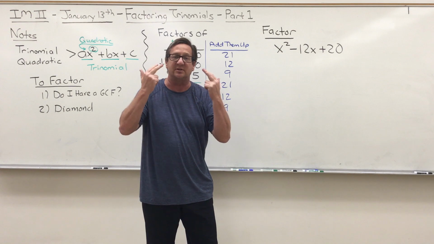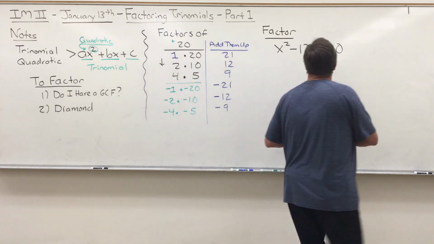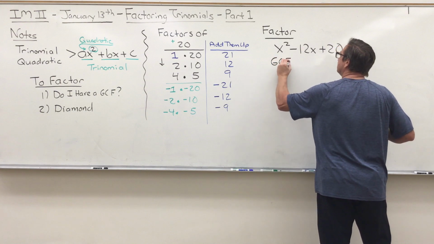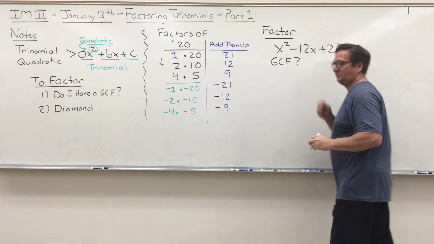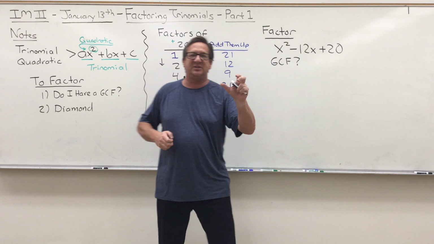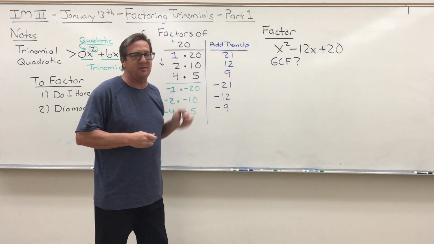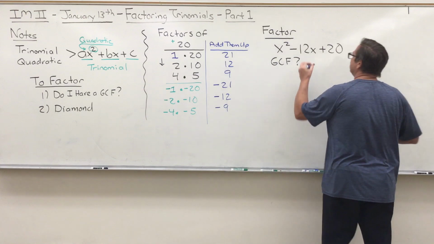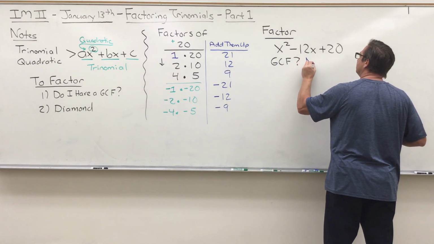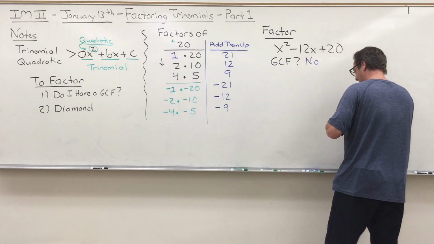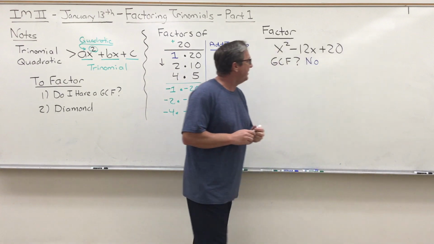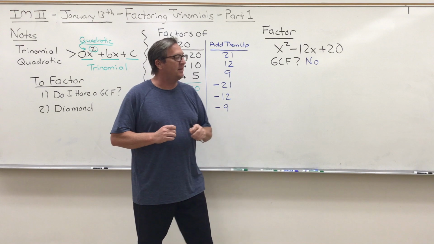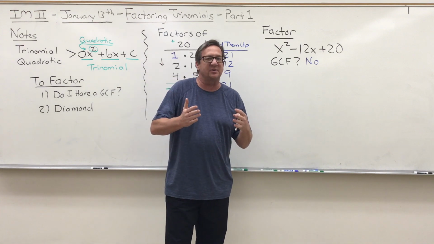You are simply going to look at two numbers. Well, first of all, we would see if there's a GCF and see if there's anything that we can pull out of the problem. And this is a no. Then I'd say the diamond is just an organizational tool.